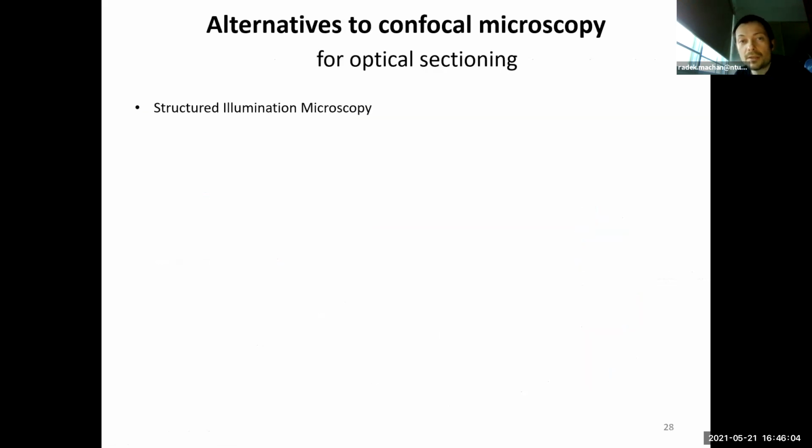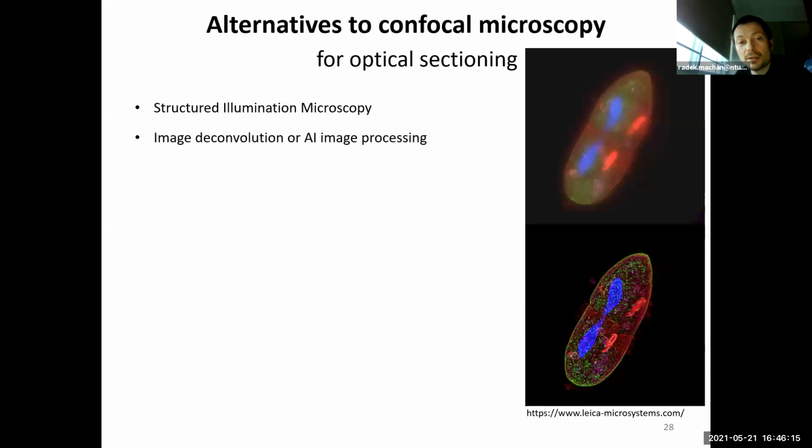There are alternatives to confocal microscopy for how I can do optical sectioning. One is structured illumination, which also has this sectioning ability. There are things like deconvolution or artificial intelligence processing, so again, these computational approaches.